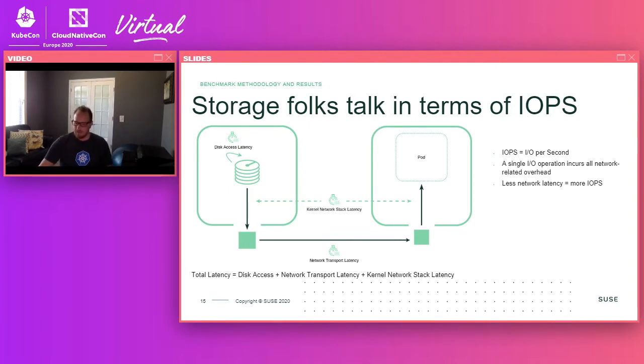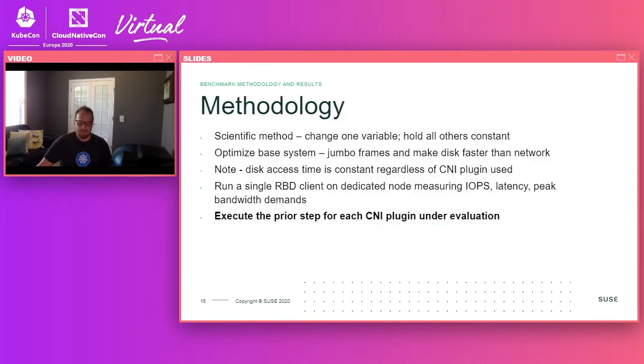And now let's move on and talk about the methodology. So scientific method. This is kind of what was in our mind while we were trying this out. We want to change one variable at a time and hold all others constant. That variable really being the CNI plugin here. We want to optimize the base system, make that as fast as we can.